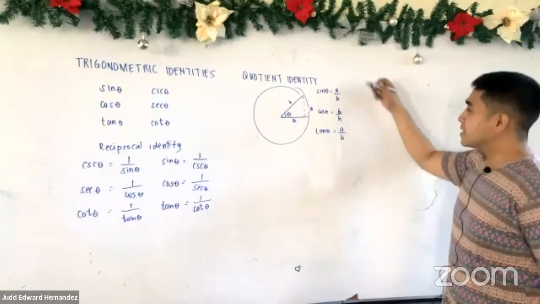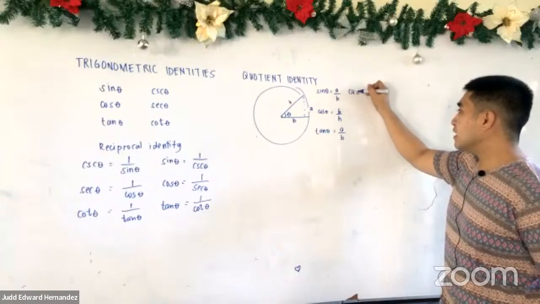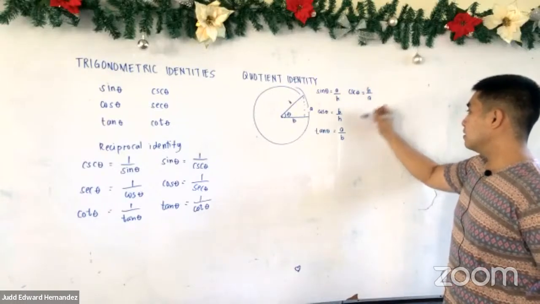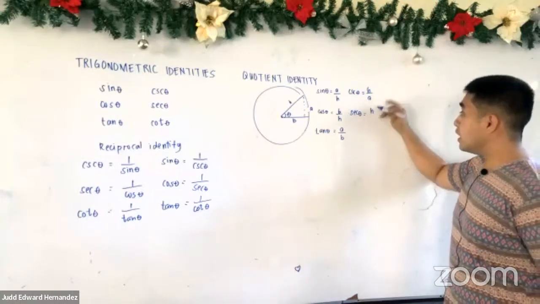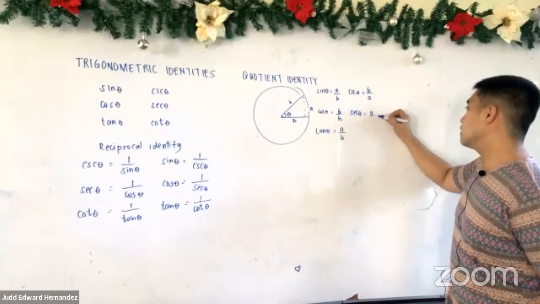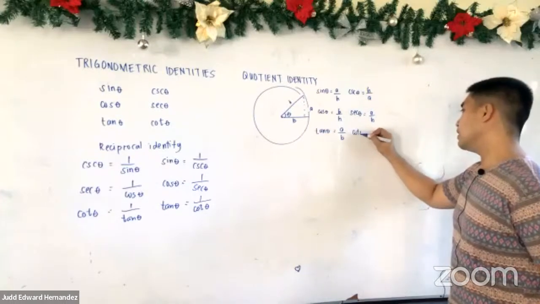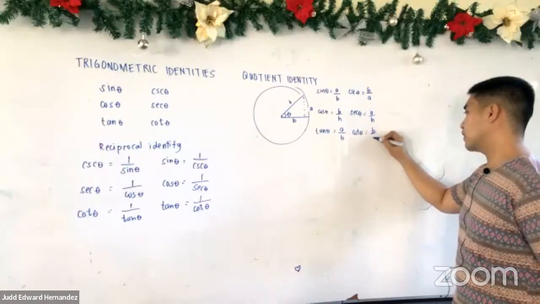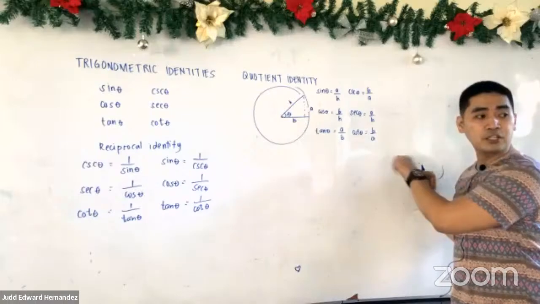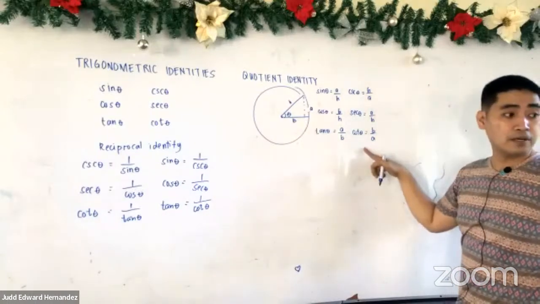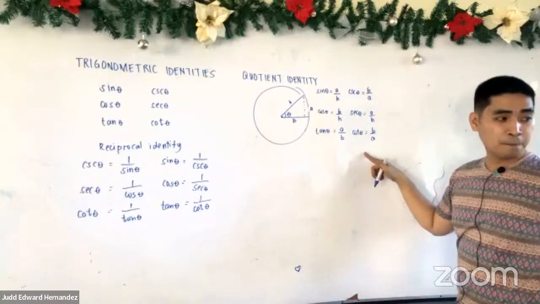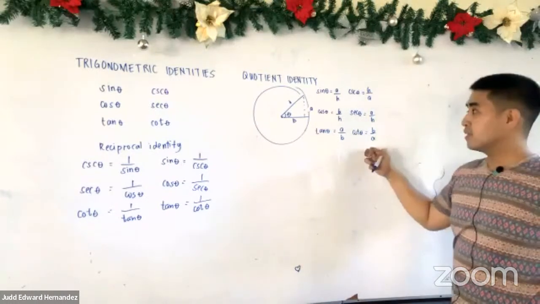So from here, masasabi natin that yung cosecant theta natin is H over A. Masasabi din natin yung secant theta natin is H over B. At yung cotangent theta natin ay masasabi natin na B over A. Isn't it? Tama po ba siya? Since these are the reciprocal identities. Tama po? Yes or no?